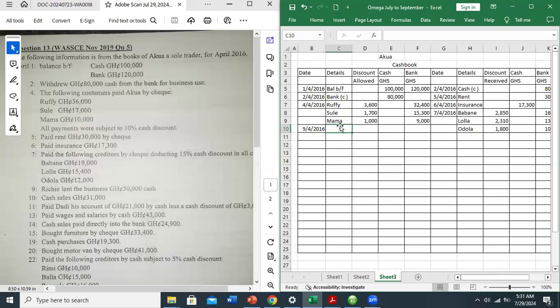If you put the name of Richie here, it will mean that you are receiving money from Richie, but that money is a loan. So always make sure you use the right details or description. So it is loan. And then if you want to qualify for us to know who gave you the loan, you add his name, Richie. So loan, 50,000 cash. So we put it under 50,000 cash. Great.